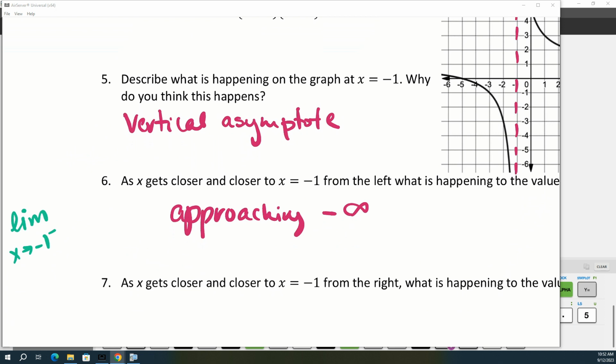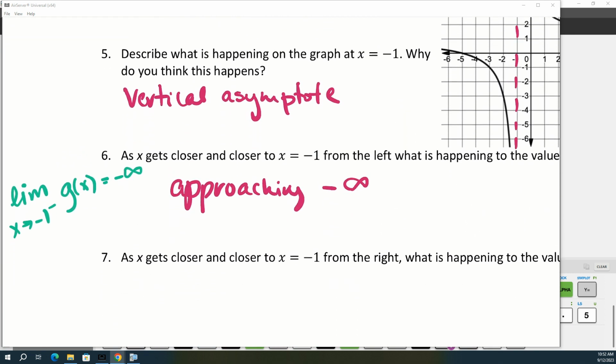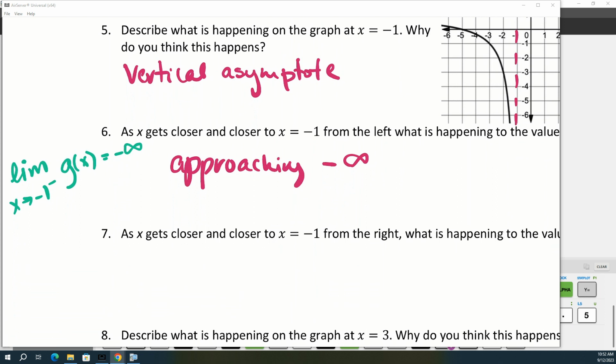So the limit as x approaches -1 from the left of g of x, and then the graph is approaching negative infinity, so it's equal to -infinity. So that's new notation for limit. So when the limit is approaching a number, you can sometimes just plug that number in for the x. In this case, you can't really because it gives you 16/0 or something.